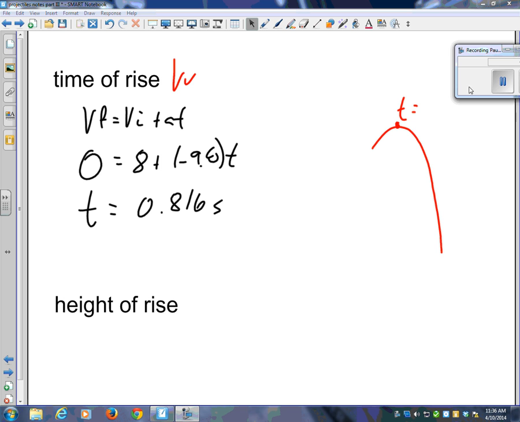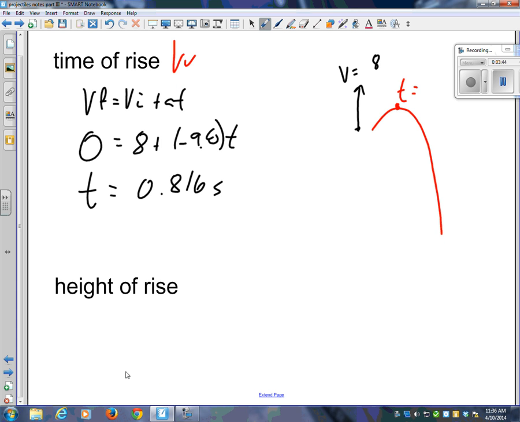All we're really dealing with here is a ball thrown straight up at an initial velocity of 8. How long does it take before it gets to 0? Because the horizontal and vertical components are completely independent. They have no relationship with each other.